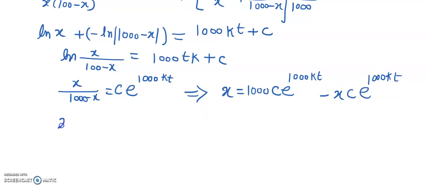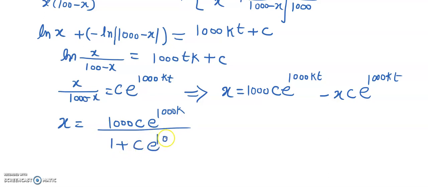So from here I can find x is equal to 1000 C e power 1000 kt divided by 1 plus C e power 1000 kt.